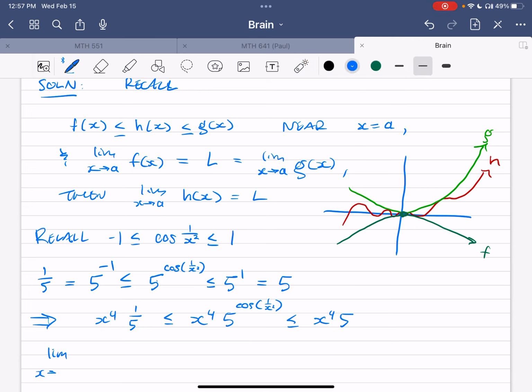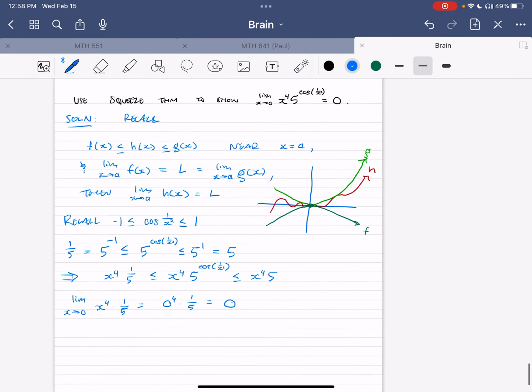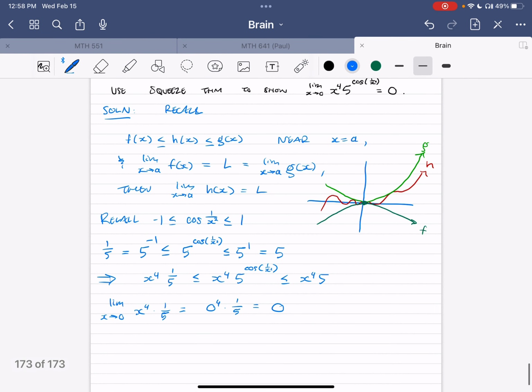The limit as x approaches 0 of x to the fourth times a fifth is equal to, well, we can just do direct substitution here, 0 to the fourth times a fifth, which is just 0. And also, let me zoom out, the limit as x approaches 0 of 5 times x to the fourth is 5 times 0 to the fourth, which is 0.